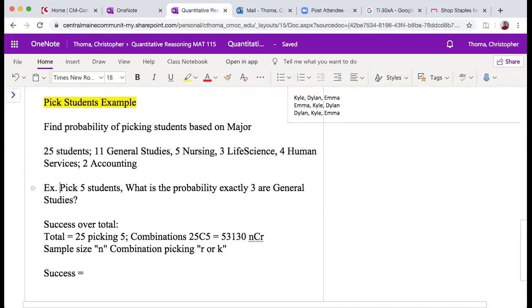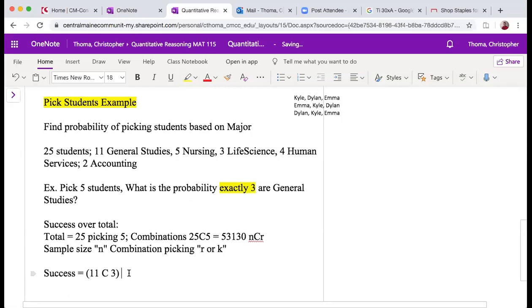I have 11 people in my class that are general studies, and I am picking 3, because that's what the words exactly 3 means, right? The problem, though, is, I'm going to put this in parentheses just to show it. This has to stay together.